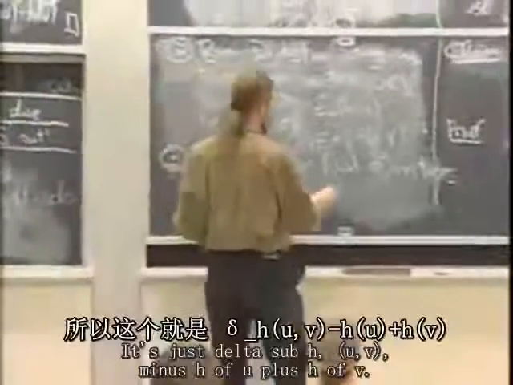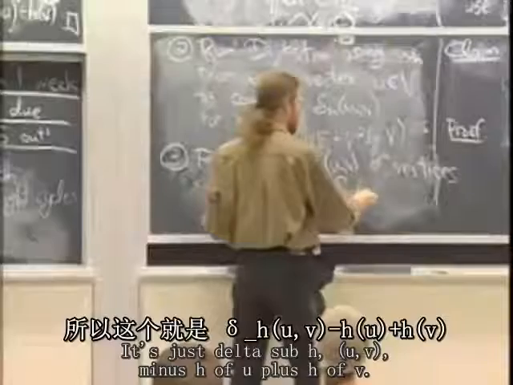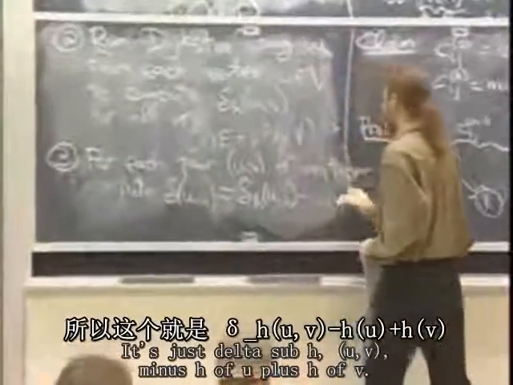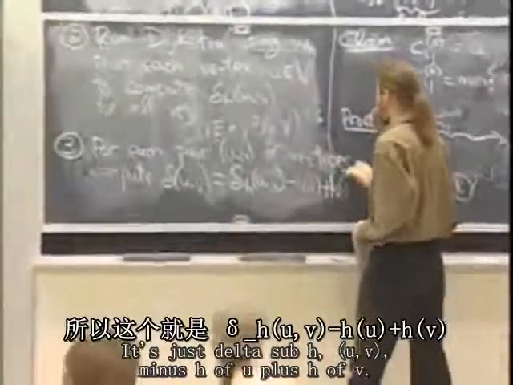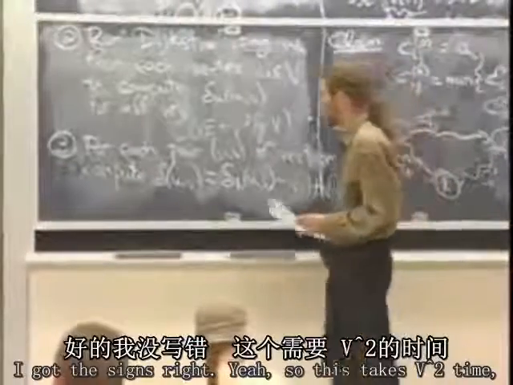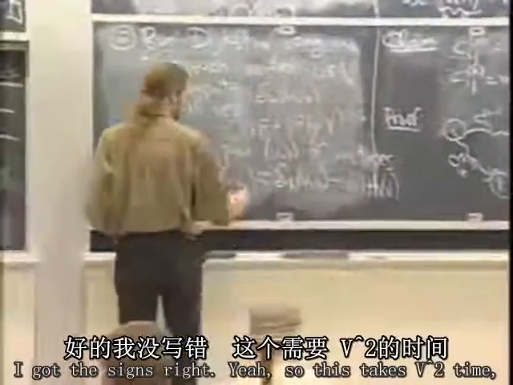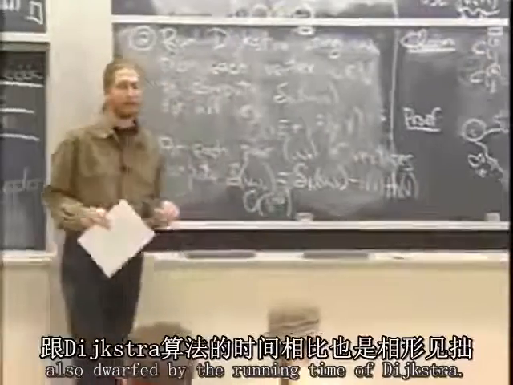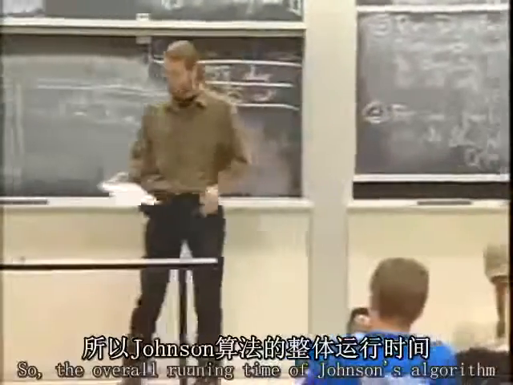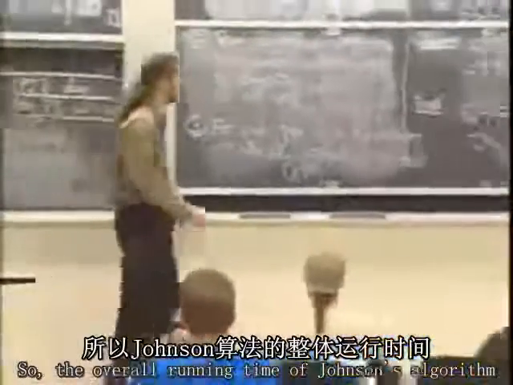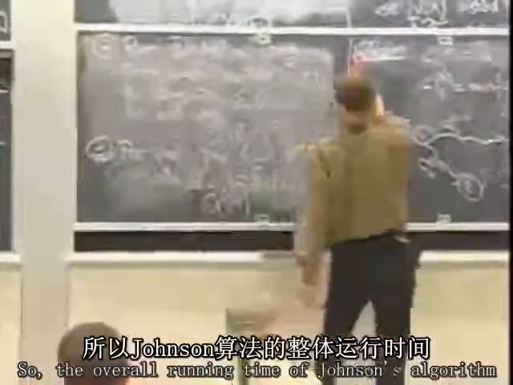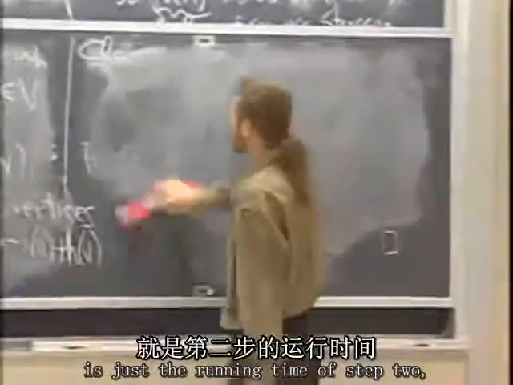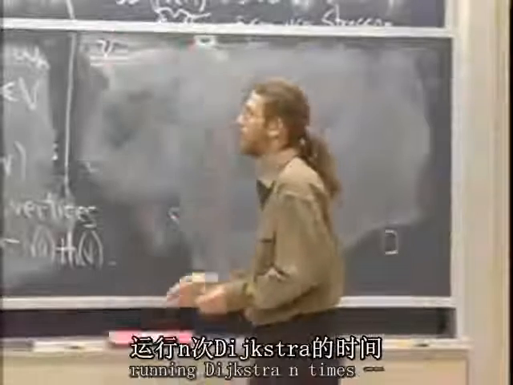It's just delta sub h of uv minus h of u plus h of v. If I got the signs right. Yep. So this takes V squared time, also dwarfed by the running time of Dijkstra. So the overall running time of Johnson's algorithm is just the running time of step 2, running Dijkstra n times.